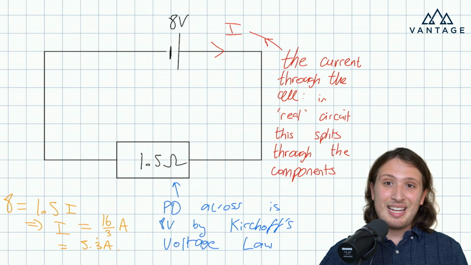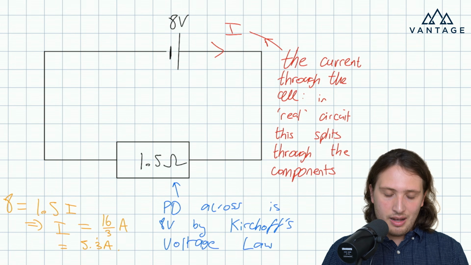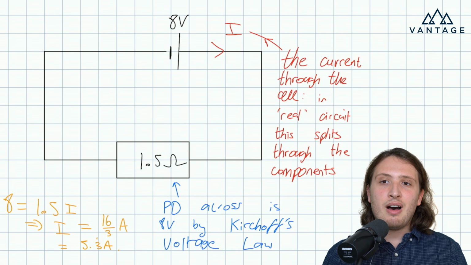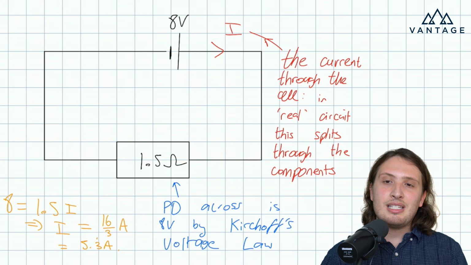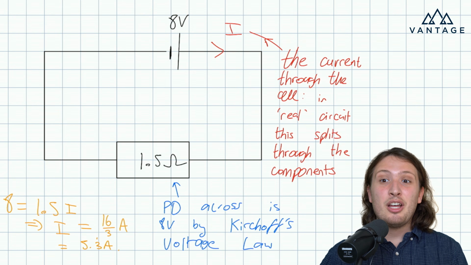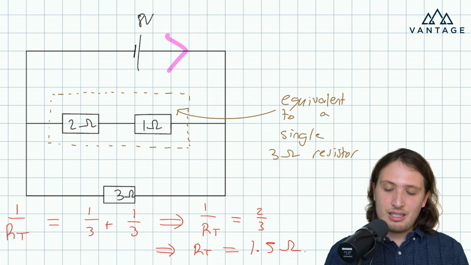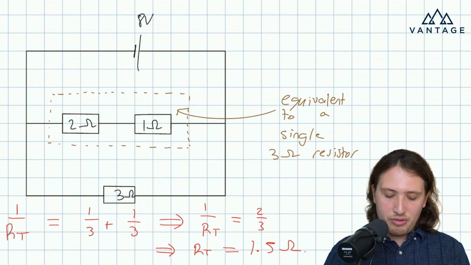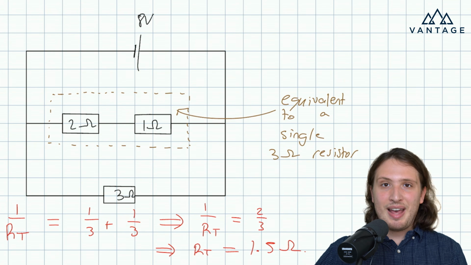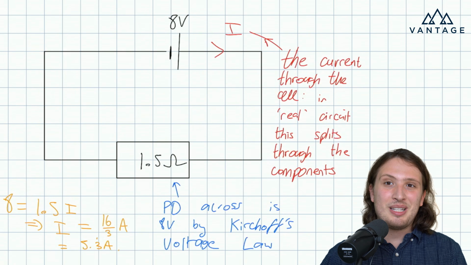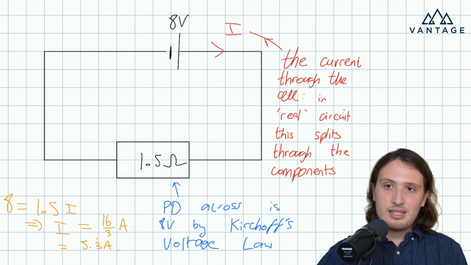And so by using the equation V equals IR, I see that 8 is 1.5 I, and so I is going to be essentially 16/3, or 5.3 recurring amps. So now I know what the current is that flows through here. We can use simple principles to figure out how that current splits along the parallel branches, and effectively anything we want to figure out about the circuit will then be straightforward.